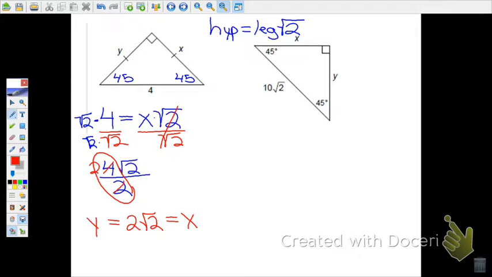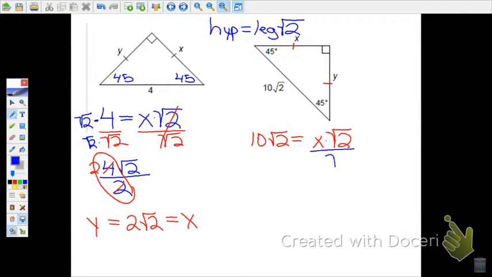This next one, again, we're looking for the two legs. So using my formula, hypotenuse, 10 square root of 2 equals leg, so I'll use x times square root of 2. So just like we did with this previous problem, we want to get the x by itself.